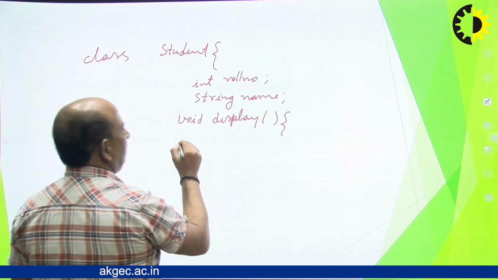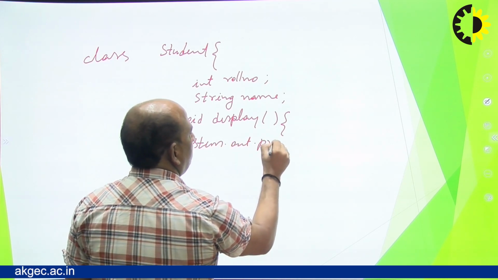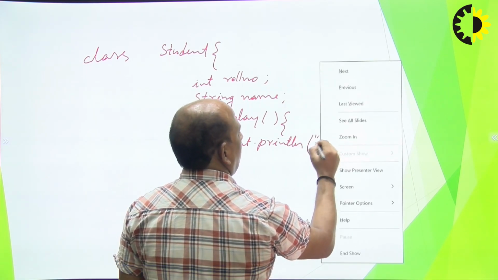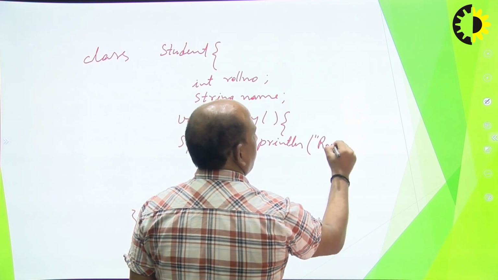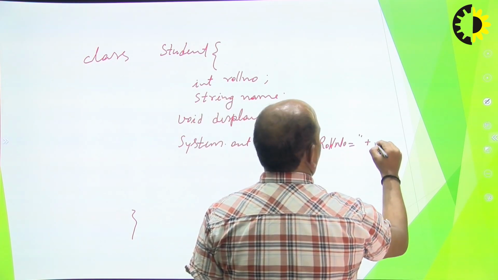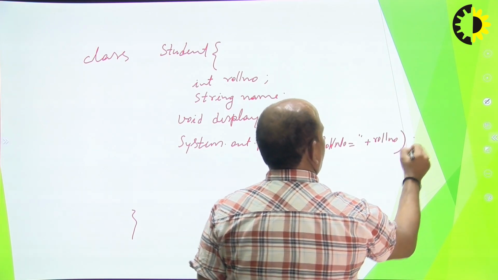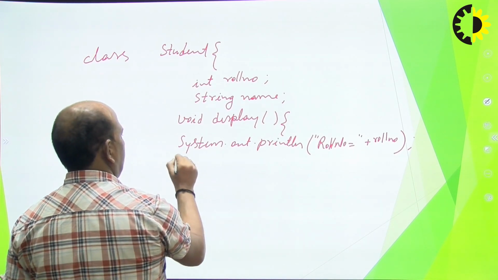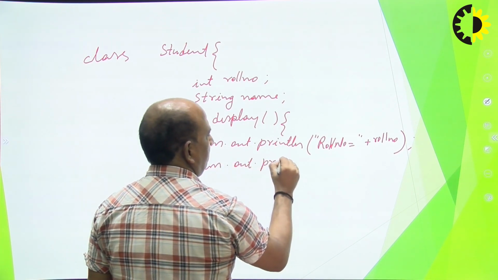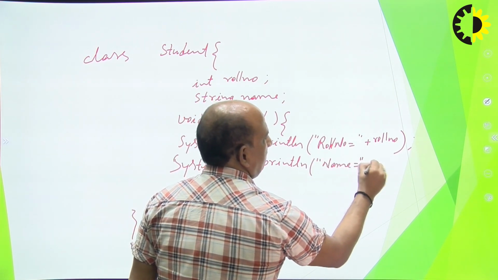This display function is doing System.out.println, where you are printing "roll number equals" plus roll number, and after that you are again writing System.out.println "name equals" plus name.